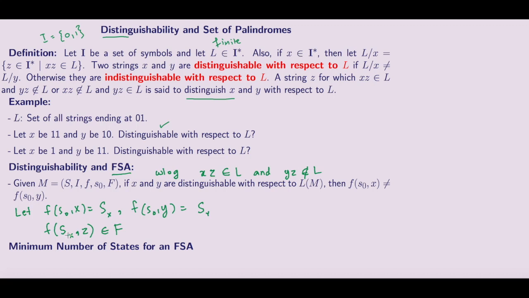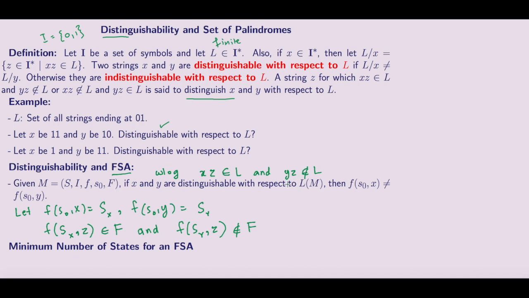From Sx, if we take z, we have to end up at a final state. Similarly, F of Sy z does not belong to F because yz is not in L.